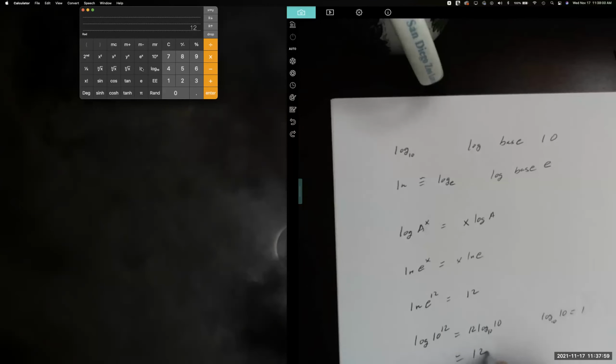So this is just equal to 12. So if I take 10 to the 12 and take the log of that, I get 12 back. So the log and numbers raised to a power return the log of a value.